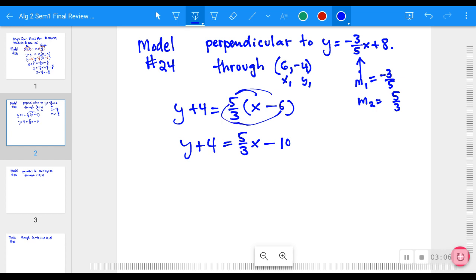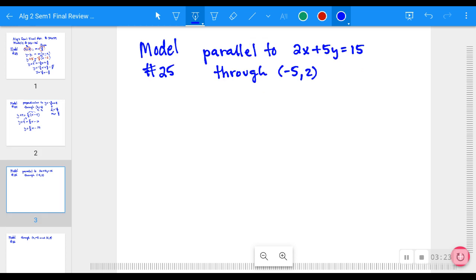You can think of 6 divided by 3 times 5. Now, subtracting 4 from both sides will finish the job here. There's your y equals mx plus b. Negative 14 is your b value. Okay, that one's done.